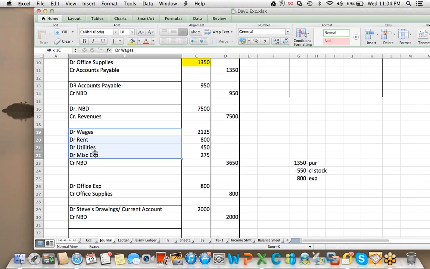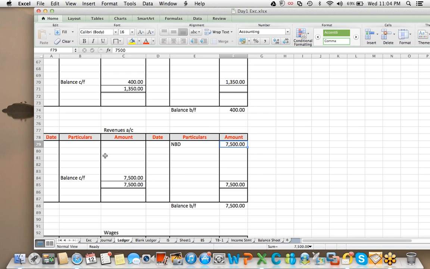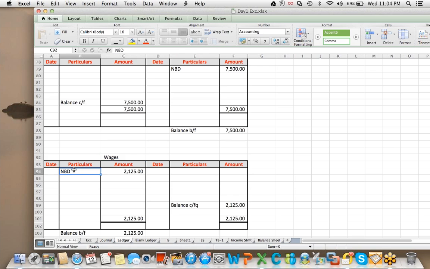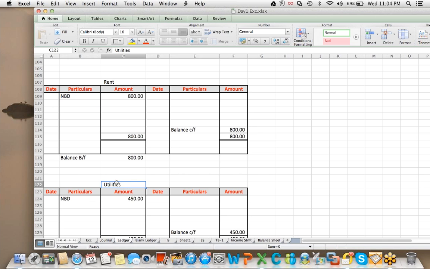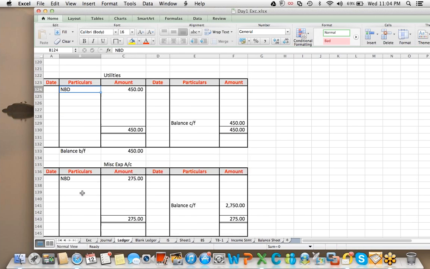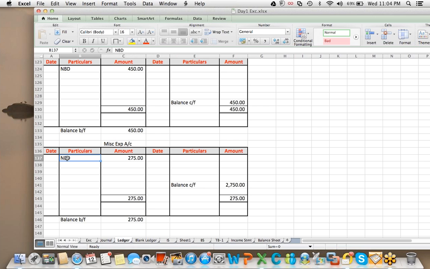The next account is a combined entry: wages, rent, utilities, miscellaneous, to one check. Balance 3650. So the ledgers will be wages debit, rent debit, utilities debit, miscellaneous expenses debit.